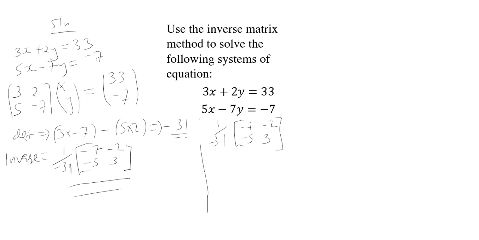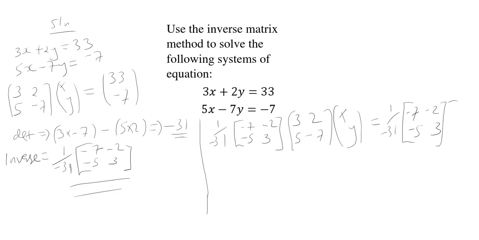We multiply with 3, 2, 5, negative 7, xy, and this should be equal to the same inverse. We have negative 7, negative 2, negative 5, 3 times 33, negative 7.